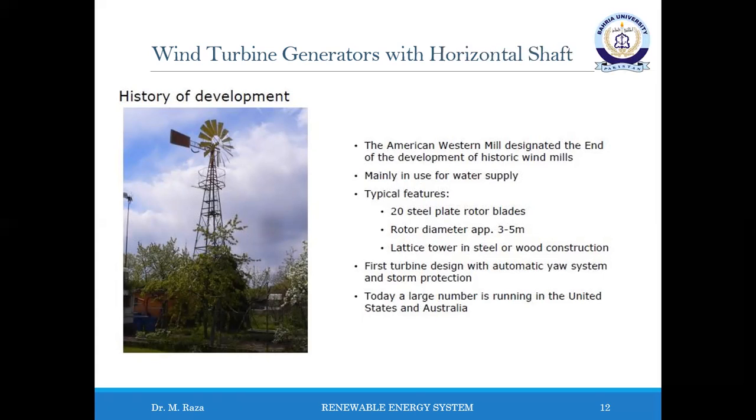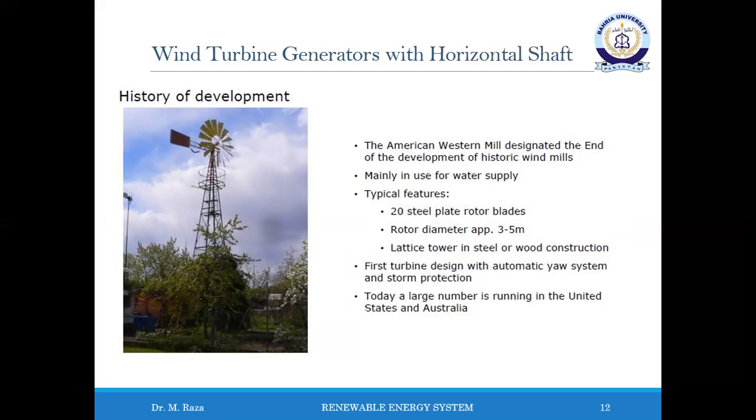The main characteristic of this windmill is the rotor design, with a diameter between 3 and 5 meters and more than 20 metal sheet blades set on top of a metal lattice tower. It uses a crankshaft to drive a piston pump.